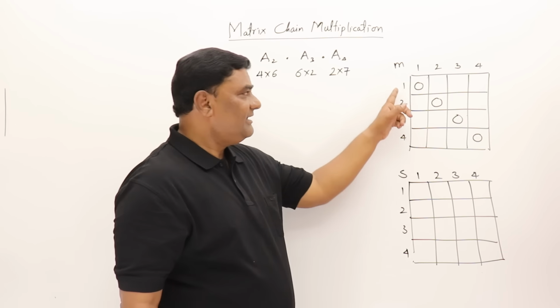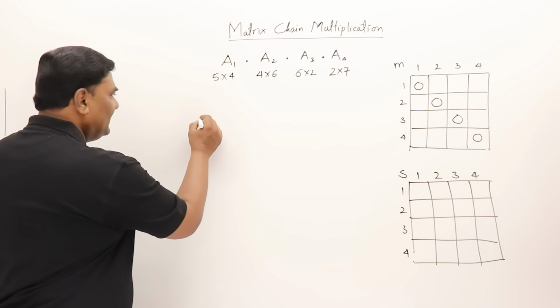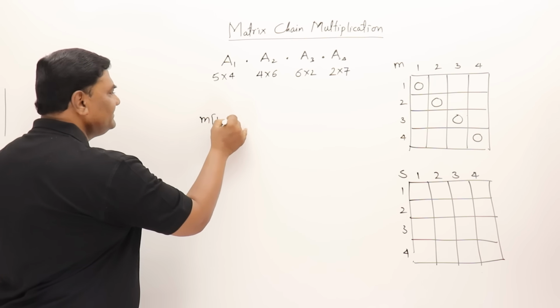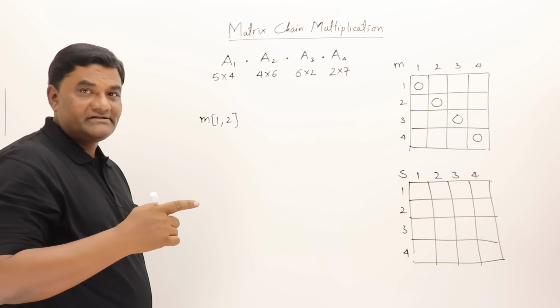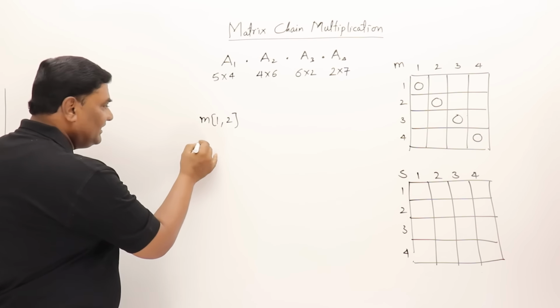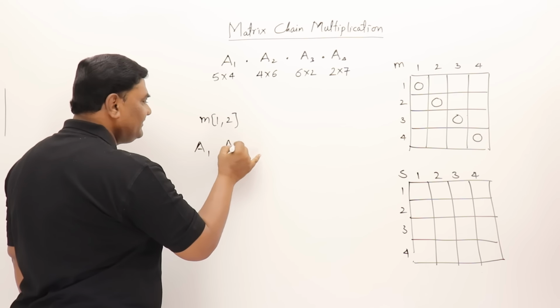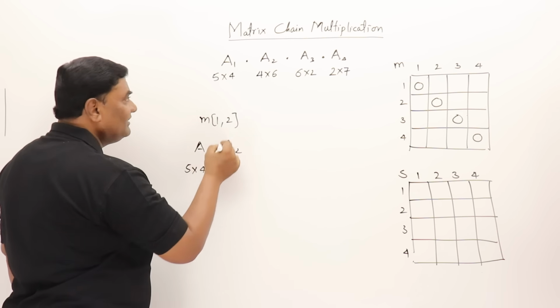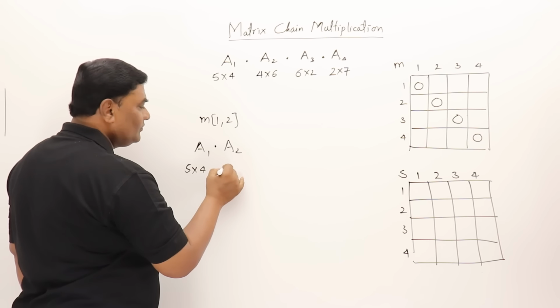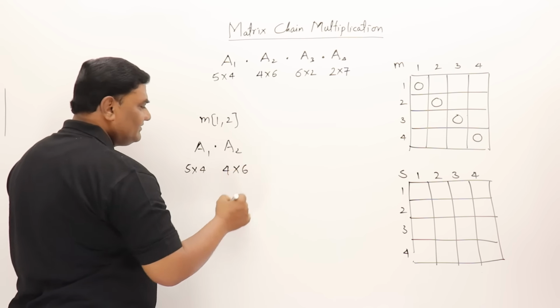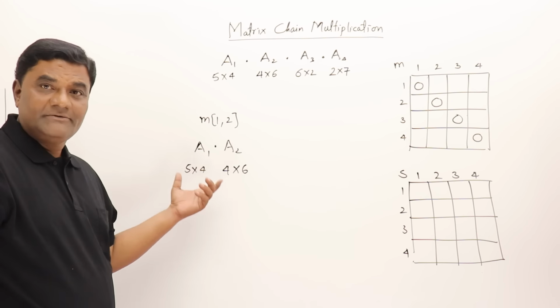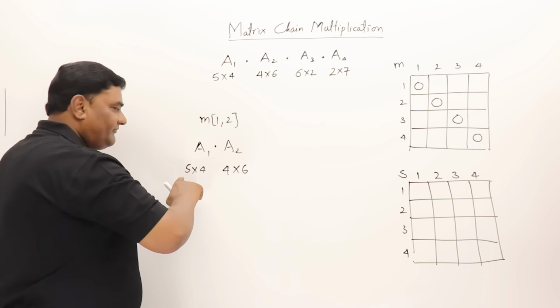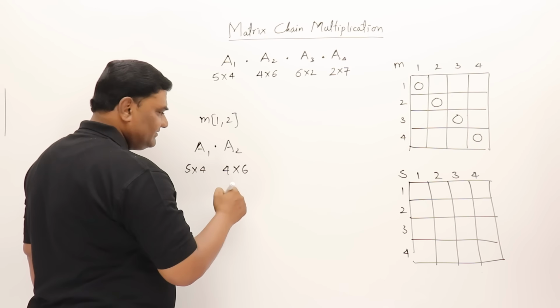Let us find out M of 1 comma 2. M of 1 comma 2 means I am multiplying two matrices, that is 1 to 2, so A1 with A2. Then what are the dimensions of A1? 5, 4, and the dimensions of A2? 4, 6. So what will be the total cost of multiplication? 5 into 4 into 6.